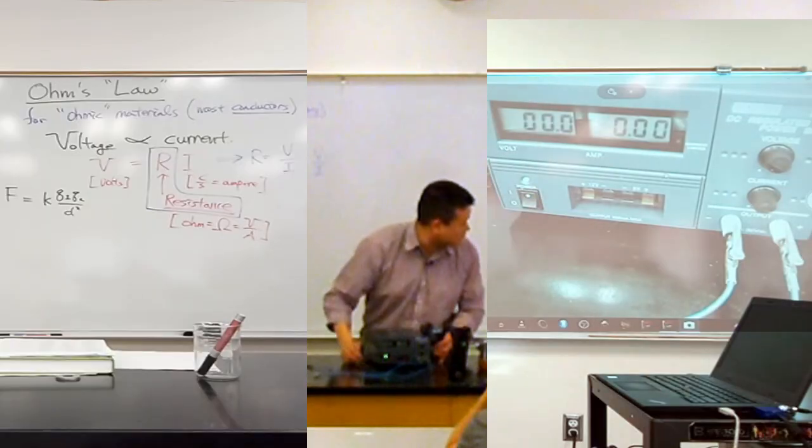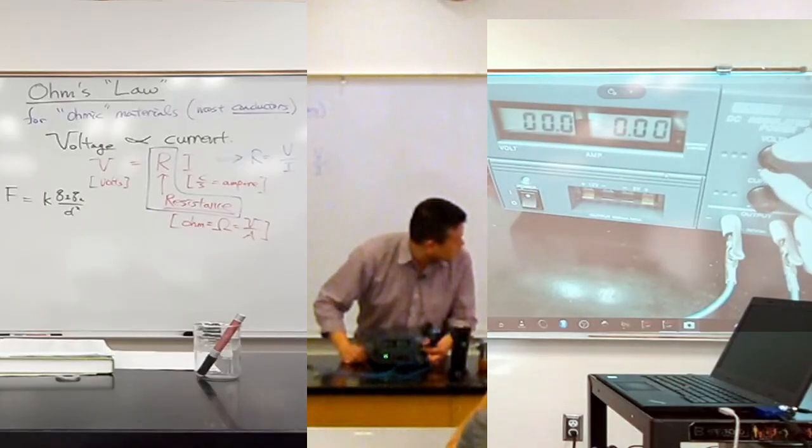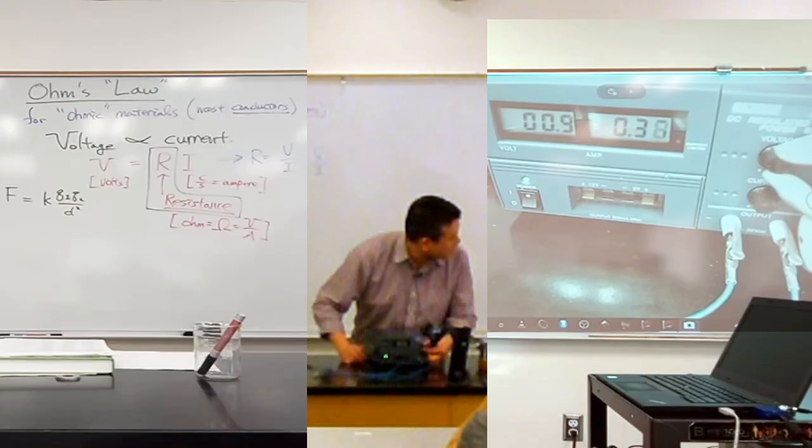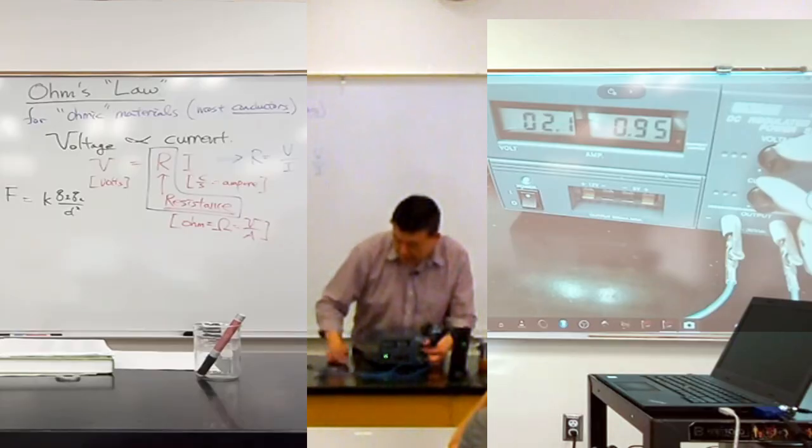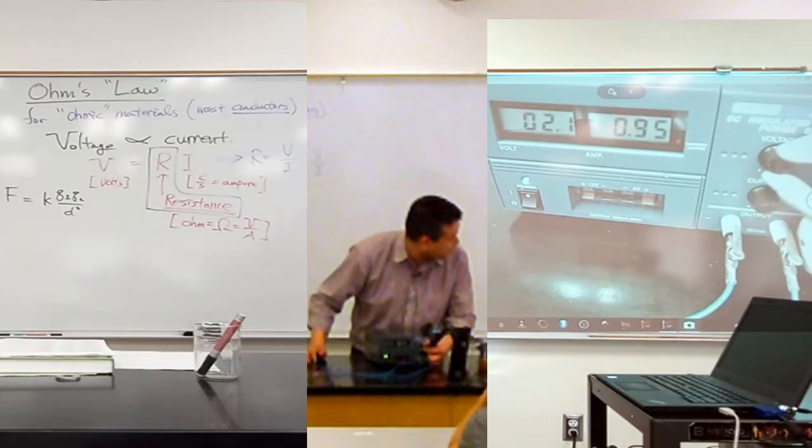In fact, I think we can actually measure it. So let me put this at some reasonable value here. Let's see, where is it? I don't know if I can get as high as 1 amp and not have anything bad happen. Let's just try that. All right, that's good. If it gets hot, I just won't touch it. Yeah, if you start to see anything burning or glowing, tell me.